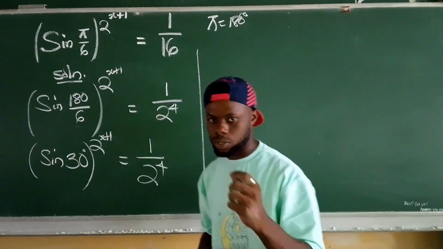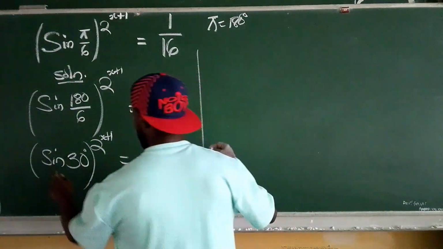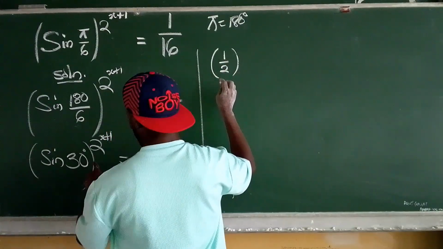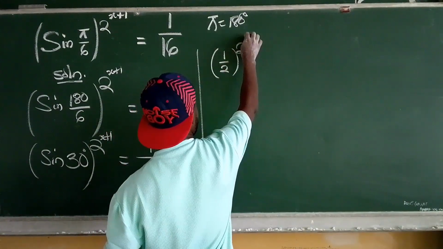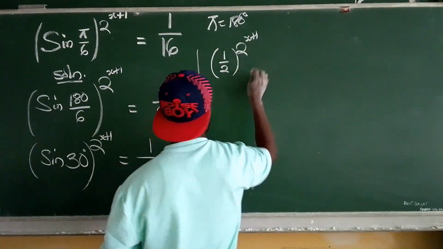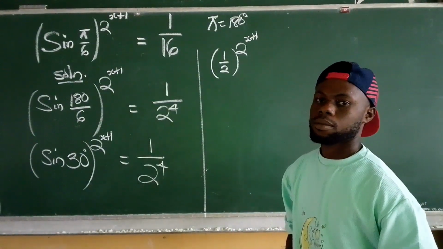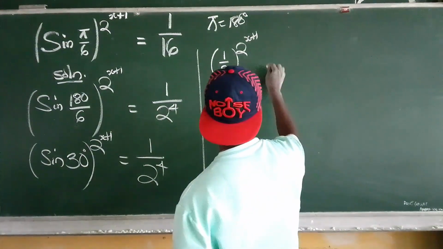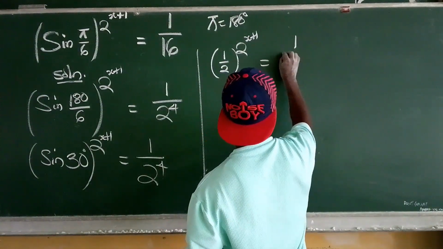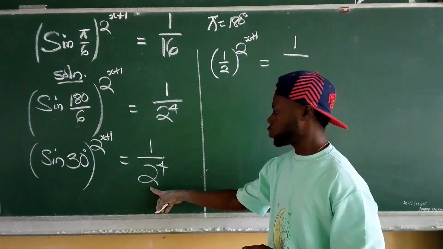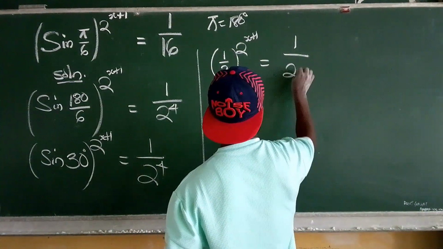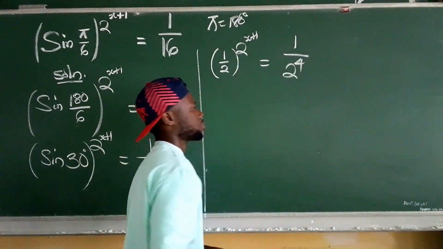You can verify this with your calculator or device. So sine 30 is 1 over 2, which is raised to the power of 2 and raised to the power of x plus 1, equal to 1 over 2 to the power of 4.